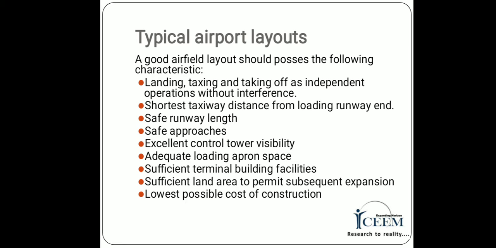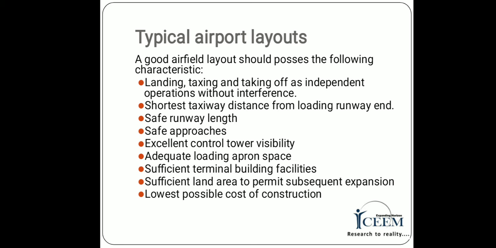An engineer should attempt to provide the simplest design which yields the optimum service to air passengers. A good airfield layout should possess the points given. First point is landing, taxiing, and taking off as independent operations without interference. Next point is shortest taxiway distance from loading runway end.